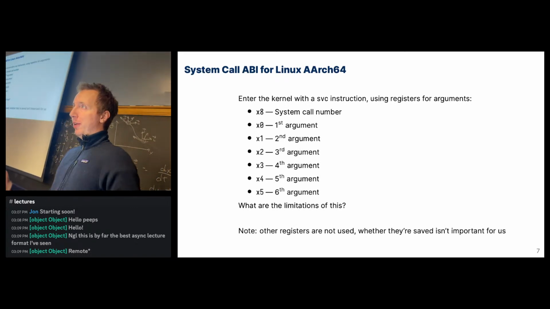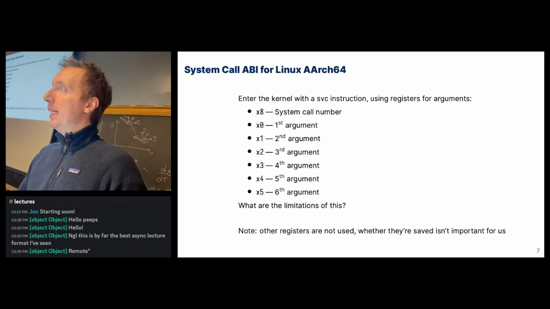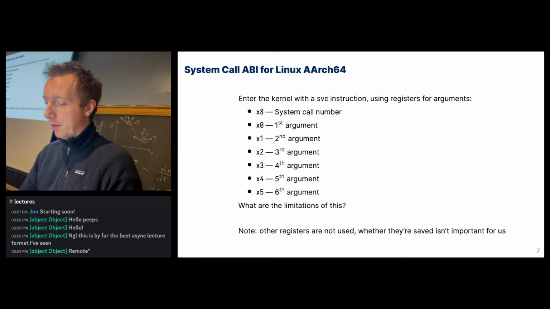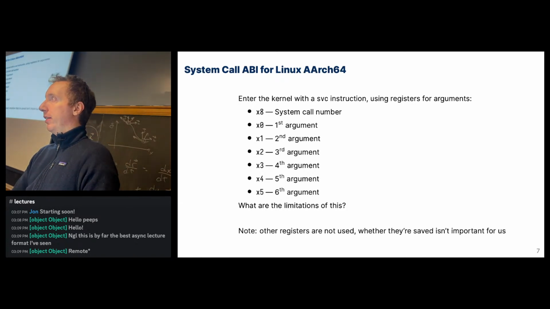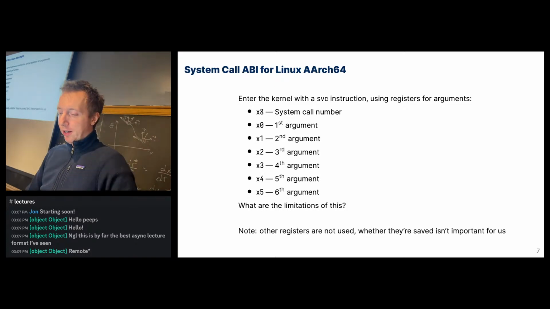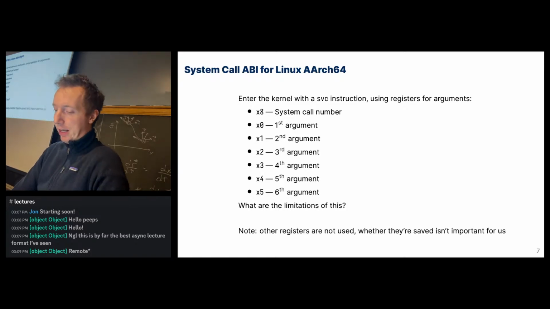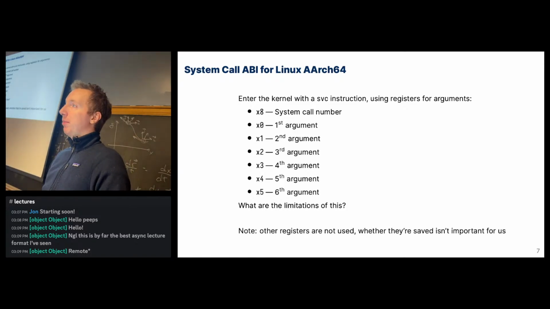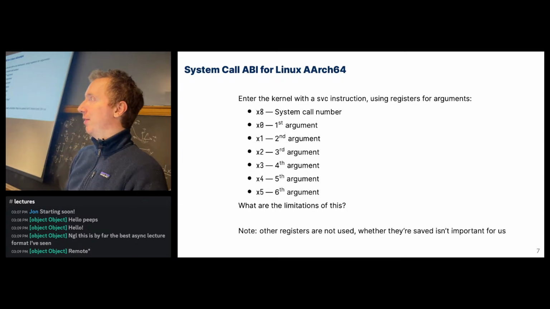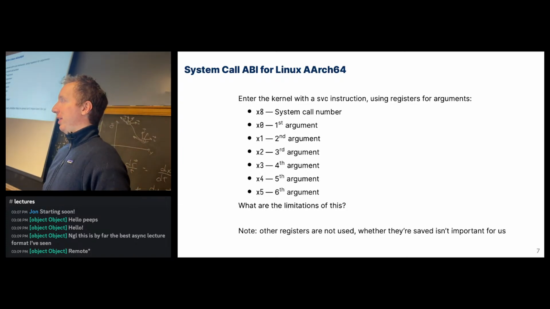So this is the system call ABI for Linux on an ARM64 machine. Unlike assembly, where we were just doing a call instruction, to do a system call, there's a special instruction called SVC. SVC just lets the kernel take over and do something.